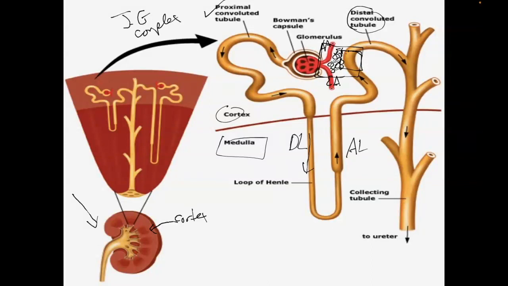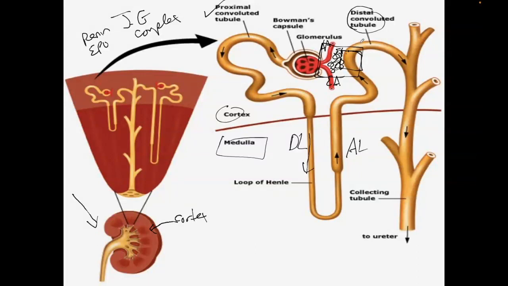Juxtaglomerular means just next to the glomerulus. There are cells here that are responsible for releasing renin and erythropoietin. That's the region right here that does that. It's part of that distal convoluted tubule section that's very close to the glomerulus, the afferent and efferent arterioles.